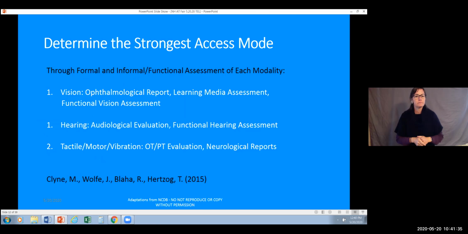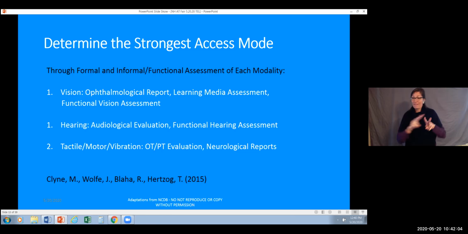It's really important when we talk about assistive technology for students who are deafblind that we really look at what is the strongest access mode. And with that, both formal and informal assessment, it's important to look at the areas of vision, hearing, as well as tactile, motor, and vibration. So we're always gathering information around ophthalmology reports. Hopefully a learning media assessment is conducted by a teacher of the visually impaired.